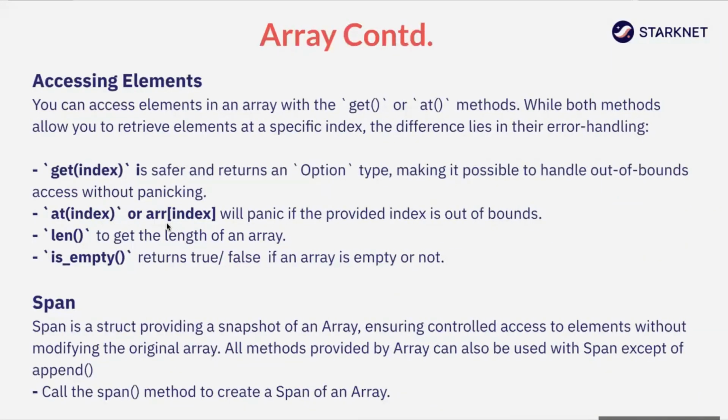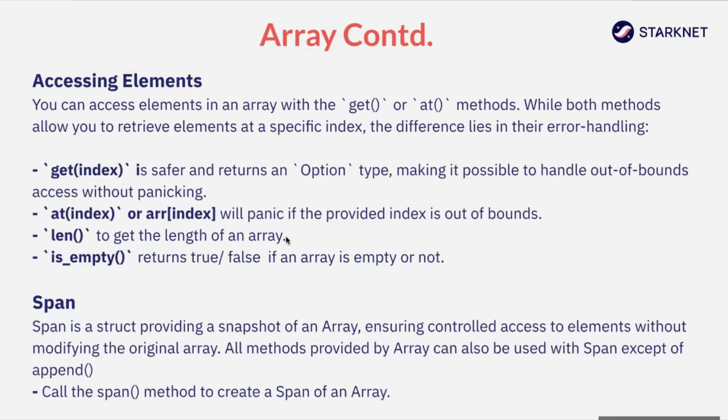Same thing with using array and then the index. So using the at or the name of the array and then the index, it will panic if the provided index is out of bounds, unlike get, which is actually safer because it returns an option type.